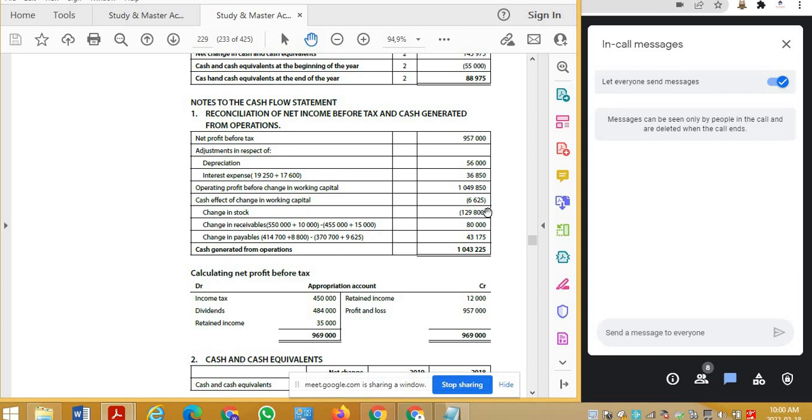Remember, if our debtors get bigger, it means people have been buying things from us on credit and not giving us the cash for it. In terms of stock, if our stock is bigger at the end of the year, it means we are losing cash because we have used our cash to make our stock bigger. So it will be a negative flow of cash.